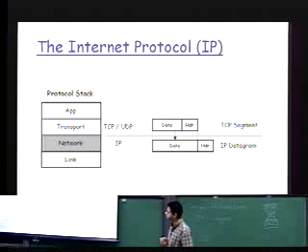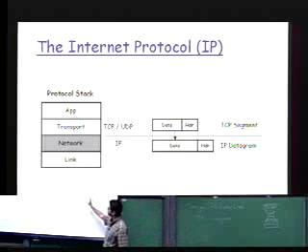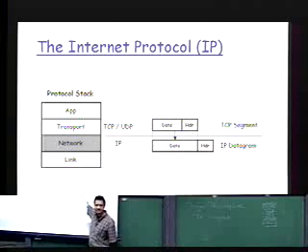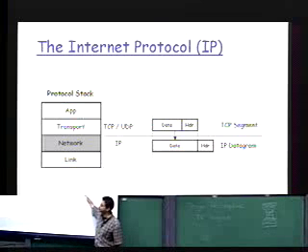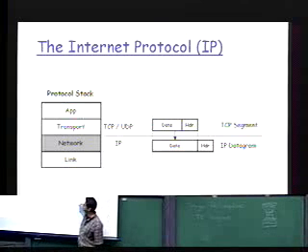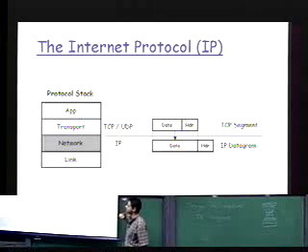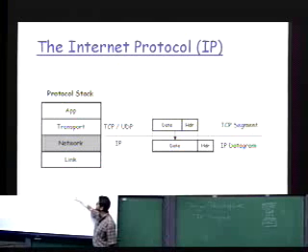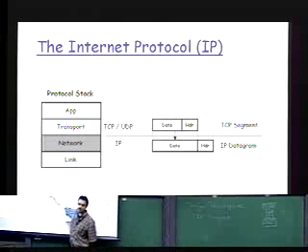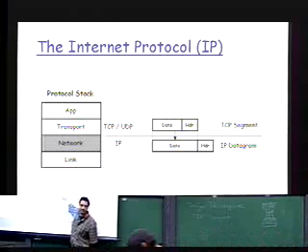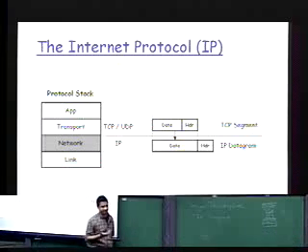So we know where IP resides on the protocol stack. IP will add its own header to a TCP or UDP segment. It lies below transport and above link. So the IP datagram considers the whole TCP segment, including the TCP header, as the data.